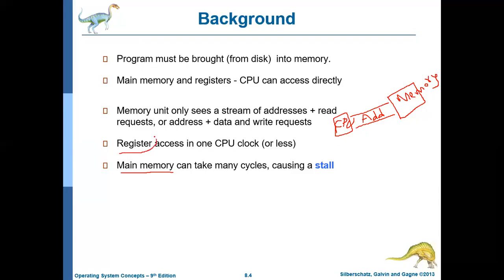CPU can perform more than one operation on the data stored in registers within a single clock cycle. But that is not the case with memory, because memory is accessed through buses, and it will take some time for the CPU to get the data. So completing a memory access may take many cycles of the CPU clock.